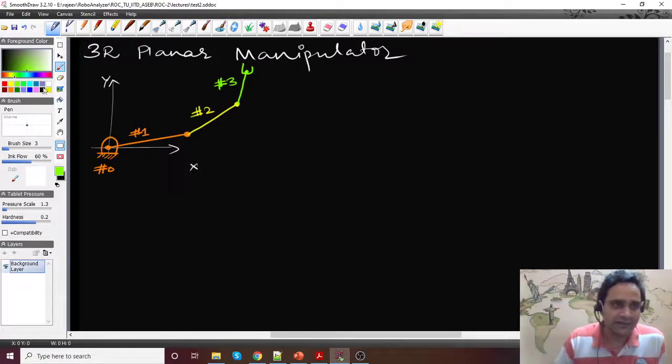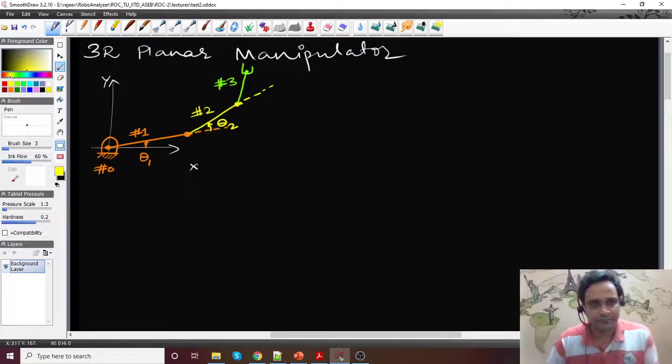Very briefly, I'll tell what this is. We'll call this theta 1, the angle link 1 makes with respect to the positive x-axis, and when we extend this link, the angle the second link makes with respect to this extension, we'll call theta 2. Similarly, we can extend the second link like this, and the angle the green link number 3 makes with respect to the extension will be theta 3.